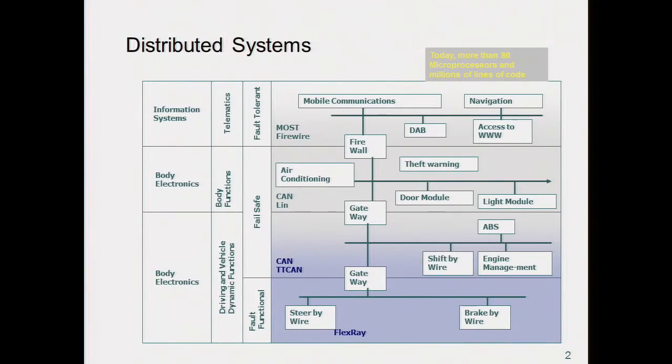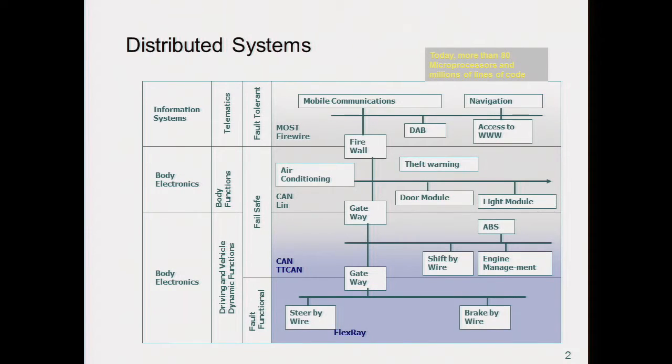First of all, what happens in today's systems? If you open up a car today, you find more than 80 processors that are connected together and perform different tasks. The information system is all that goes around and tells you what is happening. There are the sensors telling you what is happening in the car.